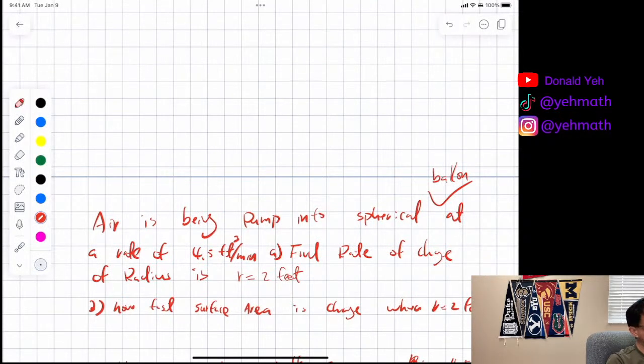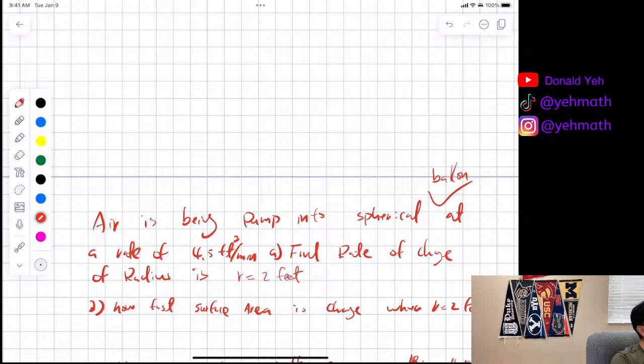I don't know the surface area equation. It's the derivative of the volume. The surface area of a sphere is 4 pi r squared, and the volume is 4/3 pi r cubed.